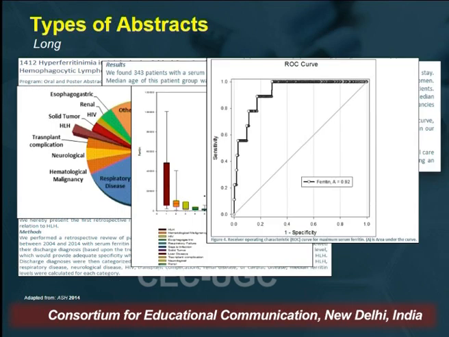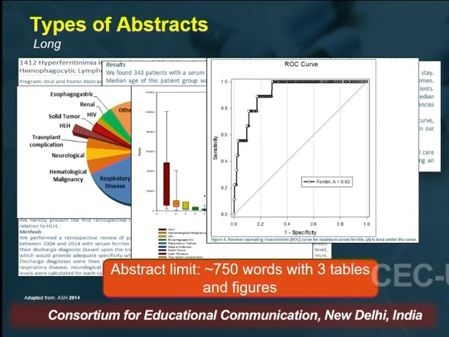In this conference, three figures are allowed while writing your results, so this is a long abstract with permission to include figures. These are the kind of abstracts generally found in conferences. The abstract limit is around 750 words with three tables or figures. You have the freedom to include tables in place of figures.